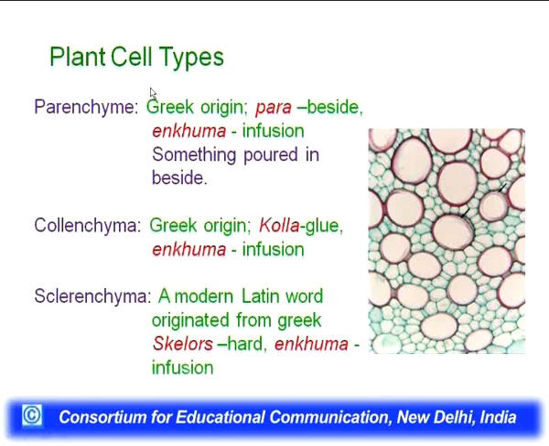Parenchyma, Collenchyma and Sclerenchyma all have one word part in common, chyma. These words all have Greek origin. The chyma originated from the Greek word enchyma.